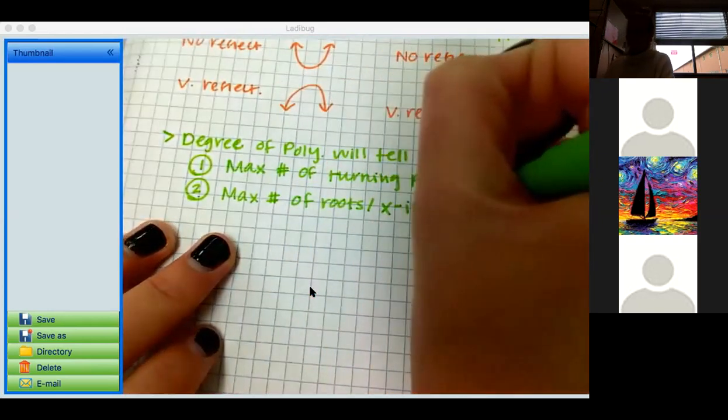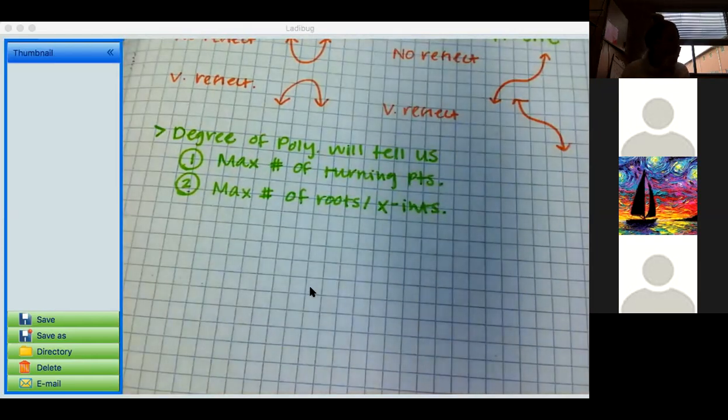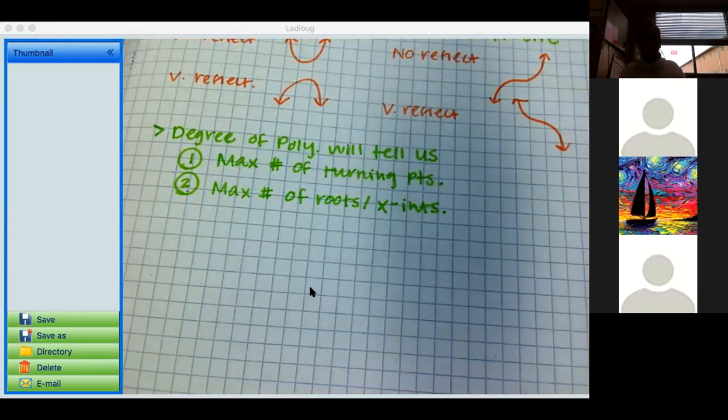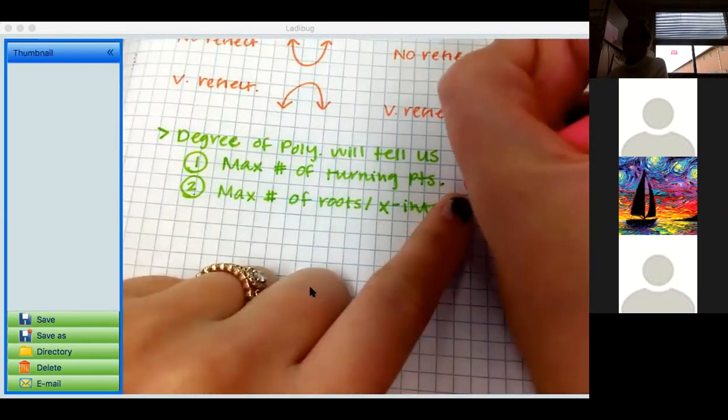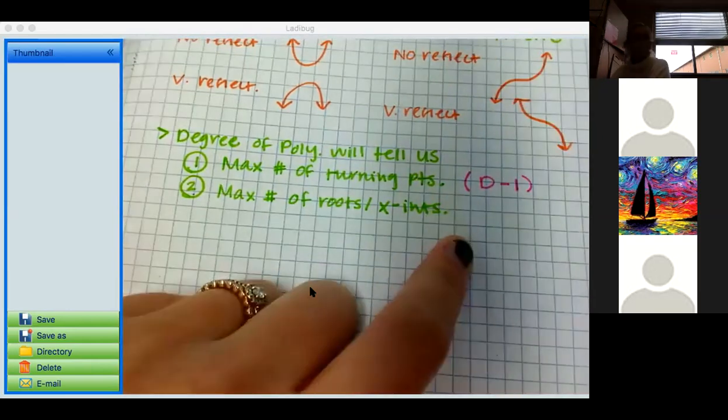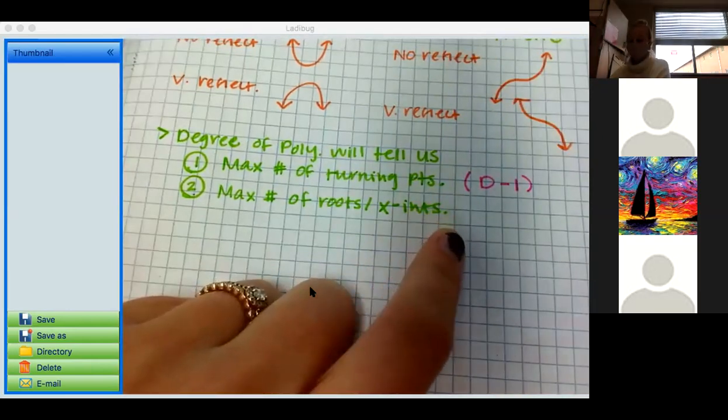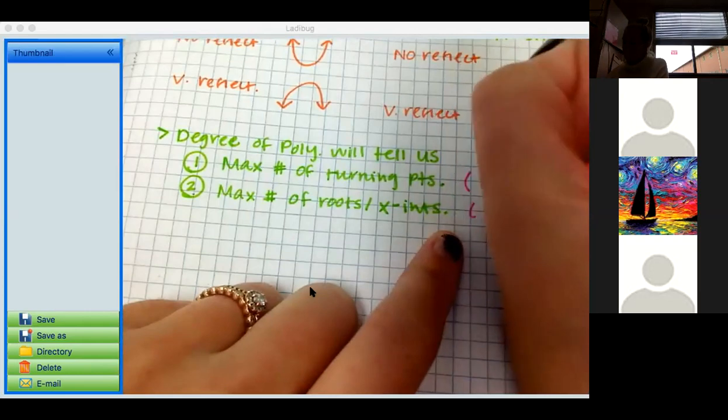Remember from Math 2, those mean the same thing. So just remember the maximum number of turning points is always the degree minus 1. The maximum number of roots is just the degree.